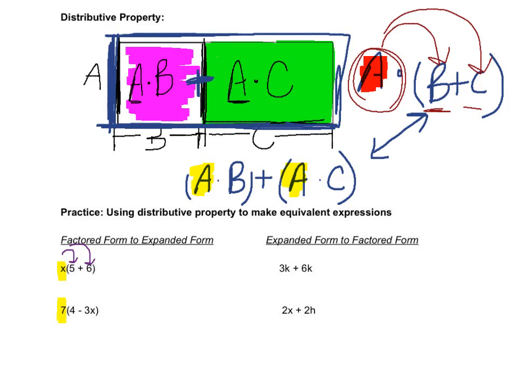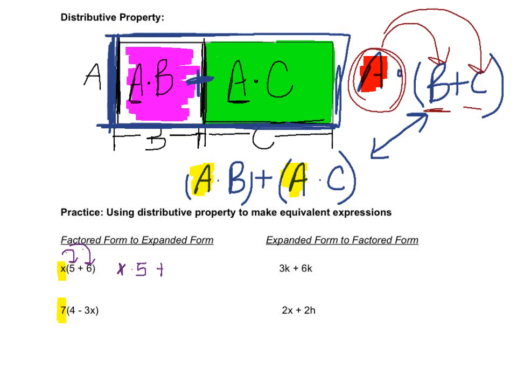And it's shared through multiplication, because anytime a number or a variable is right next to a parenthesis, that means multiplication in math. So you could also write little dots if you wanted to by those arrows, just to show that you're going to multiply. So then I would do X times 5.